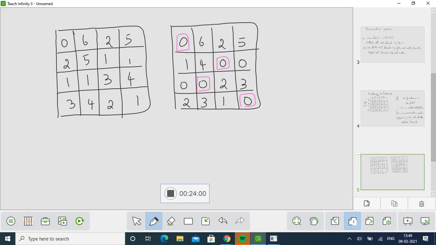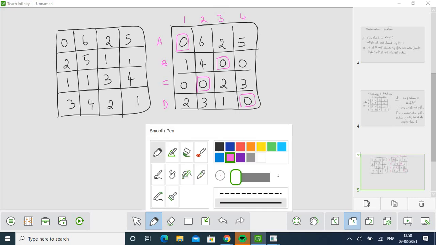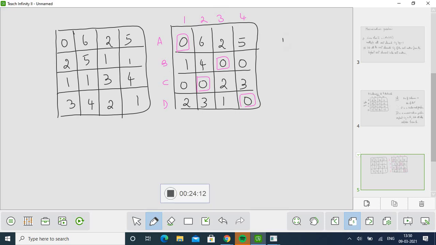So, what is our allocation? We have our A, B, C, D and 1, 2, 3 and 4. A goes to 1, B goes to 3, C goes to 2, and D goes to 4.